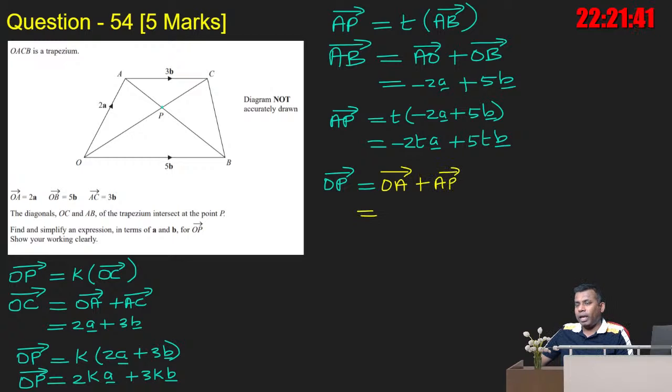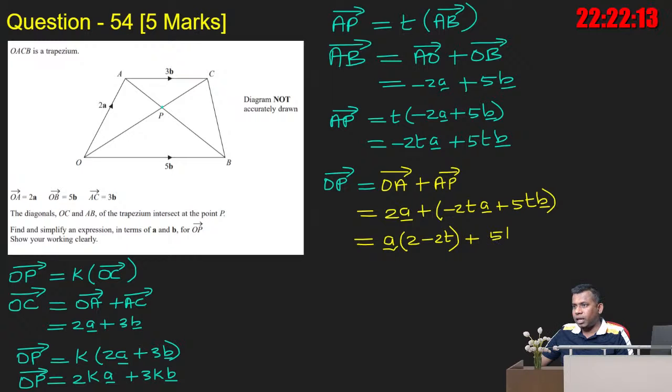We already know O to A is 2A, plus A to P, we can use the previous step, minus 2t vector A plus 5t vector B. If I simplify that, taking vector A out, that is 2 minus 2t, and the remaining is 5t vector B, right?